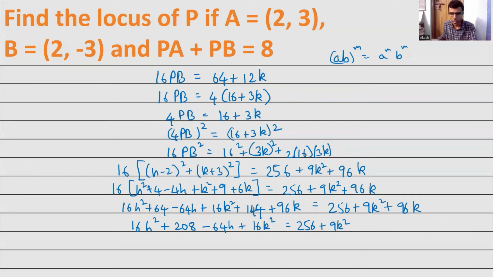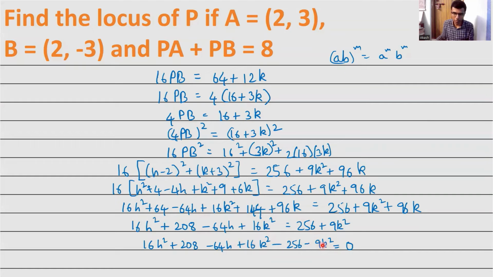Okay, now get these two here. So I have 16h square plus 208 minus 64h plus 16k square minus 256 minus 9k square is equal to 0.